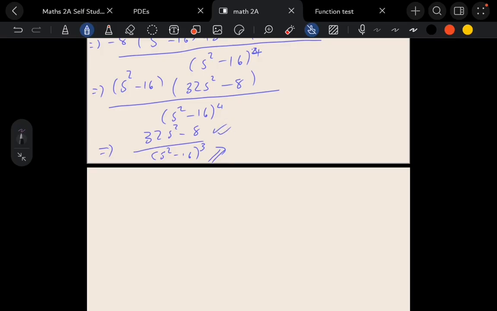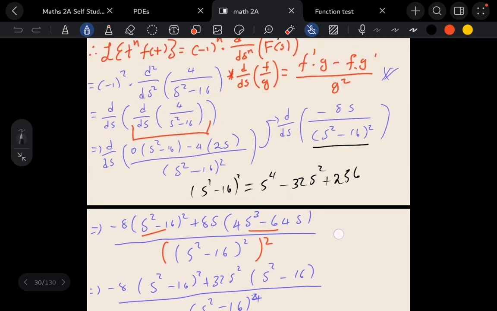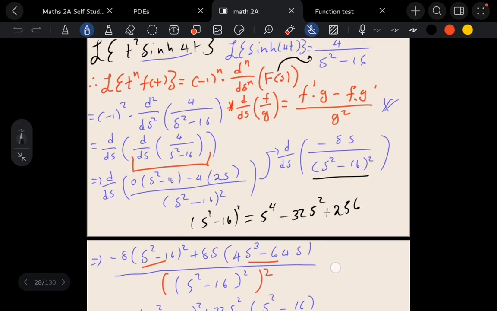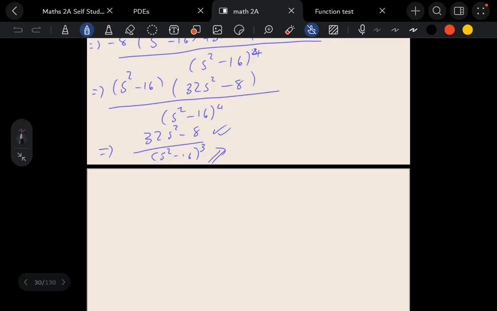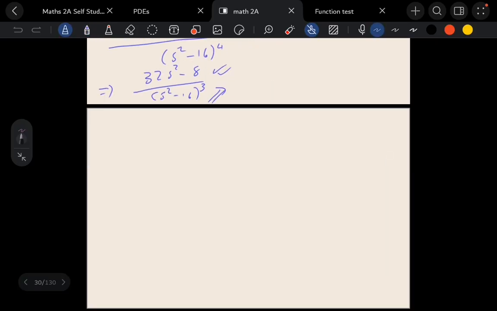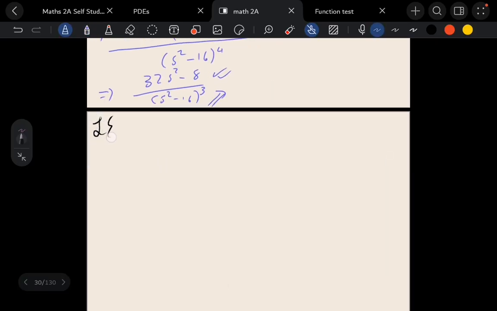All right, so this is the calculation that you need to know, guys. This is what you need to know. And then the last two examples are very common in a major test. The first one, I'm obsessed with it: the Laplace transform of t e to the power 2t cos 3t.